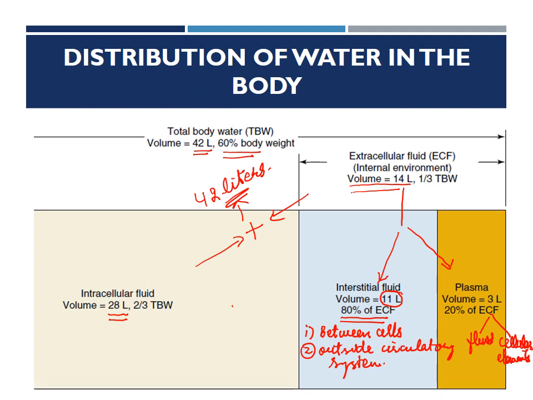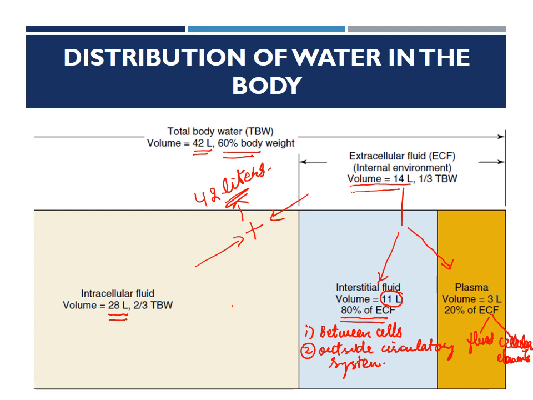So the distribution of water in the body compartments. This total distribution of water is discussed. Basically, it is taken from Ganong. This is not present in the guide. This is taken from the Ganong figure. So this is the total volume.